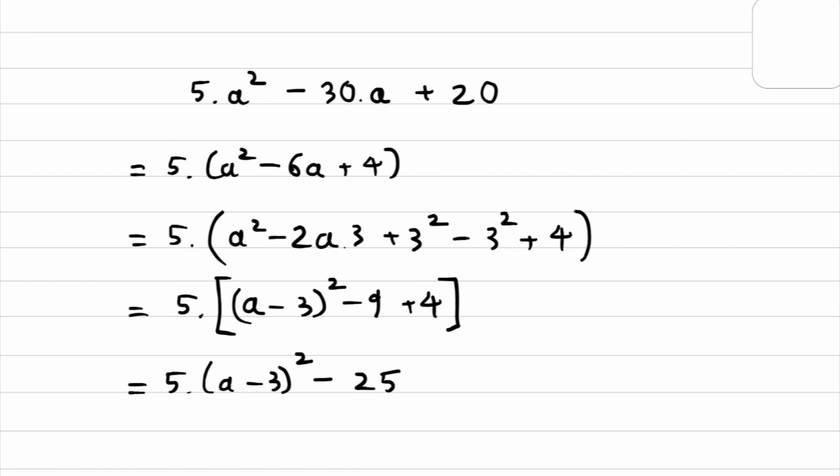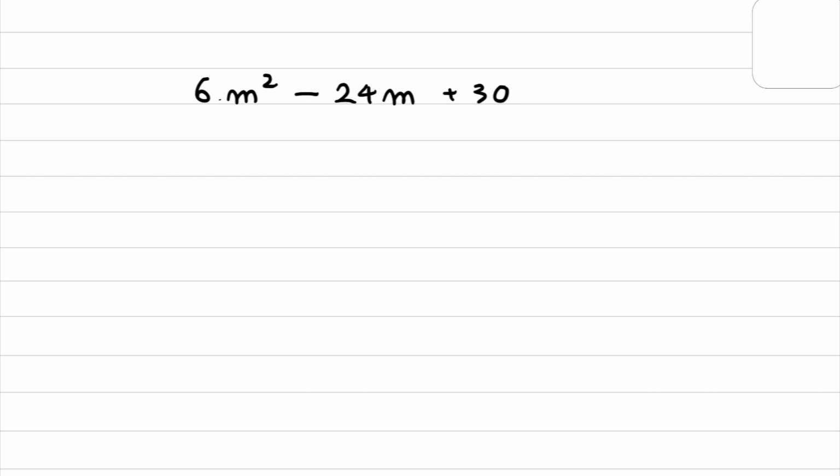Okay. And the next two, the last question, 6m squared. Take 6 outside, that's it, m squared. And 24, take 6, you've got 4 left. 36, factor 6, you've got 6 left. And this kind is quite easy for you.